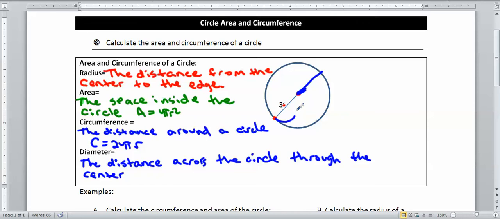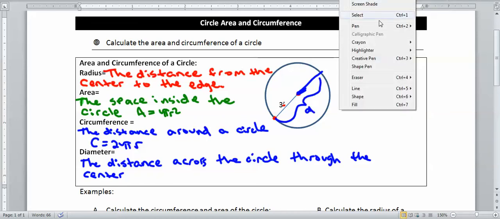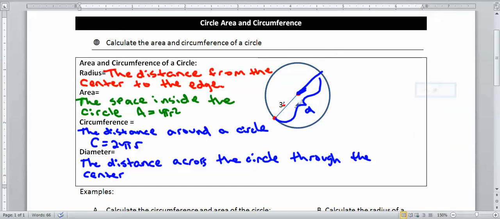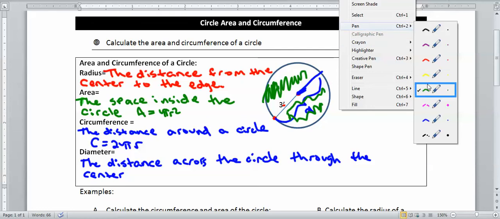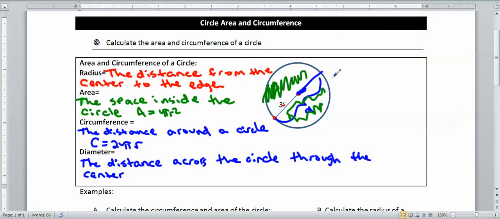So this whole thing is my diameter. Okay, and here's my circumference. I'm sorry, here's my area, it's in green. And then circumference I did also in blue, so let's go around it again.